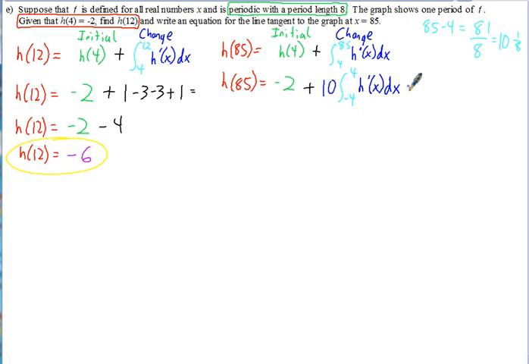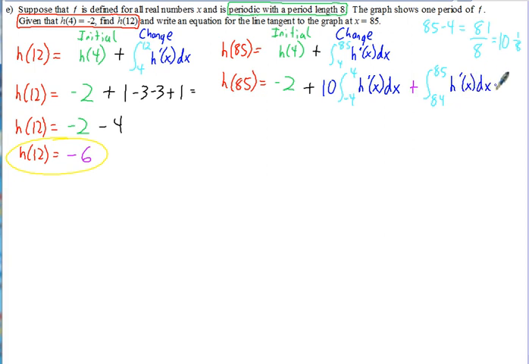But there was one left over. The one that's left over is basically that interval from 84 to 85. That's that last little one that's not part of the 10 periods.